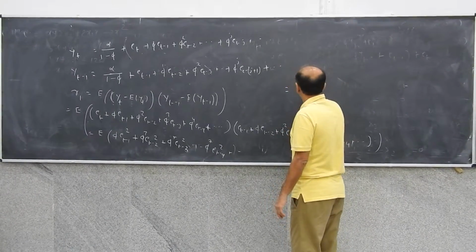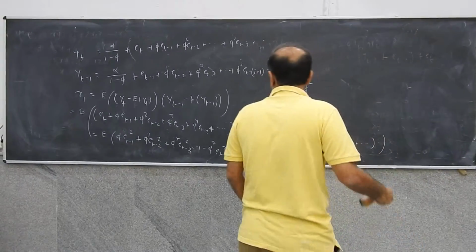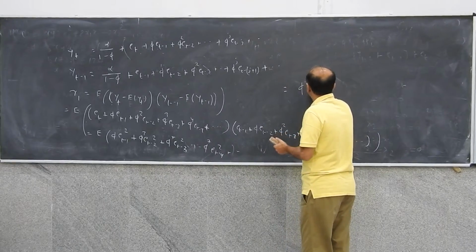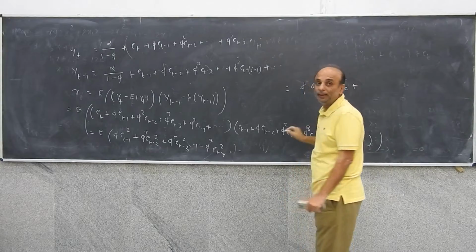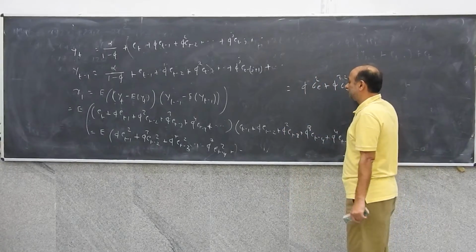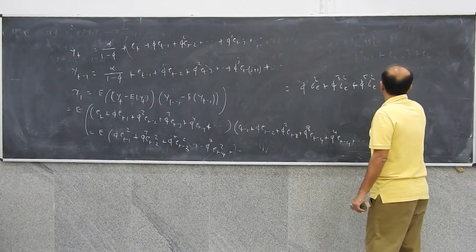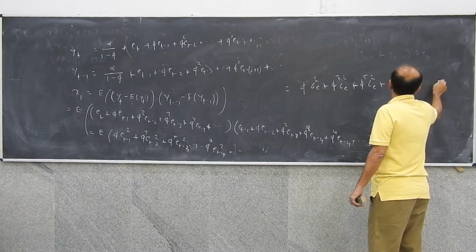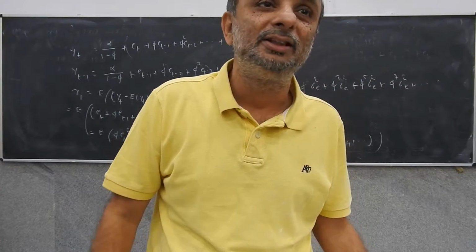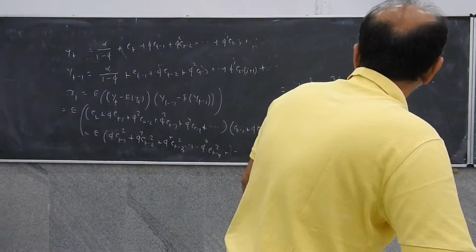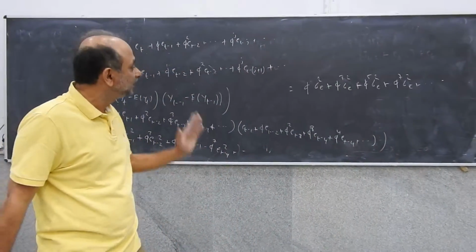phi sigma square e plus phi raised to 3 sigma square e, right, plus phi raised to 5 sigma square e plus phi raised to 7 sigma square e, and then you would guess the next terms, phi raised to 9 sigma square e and phi raised to 11 sigma square e and so on. Right. Now here I can take phi sigma square e common.